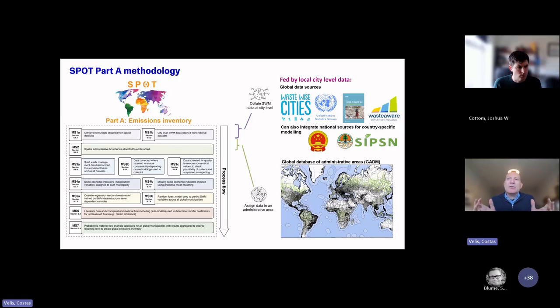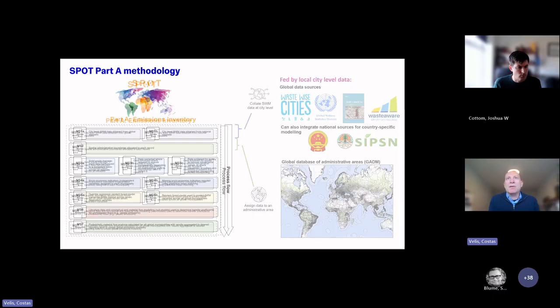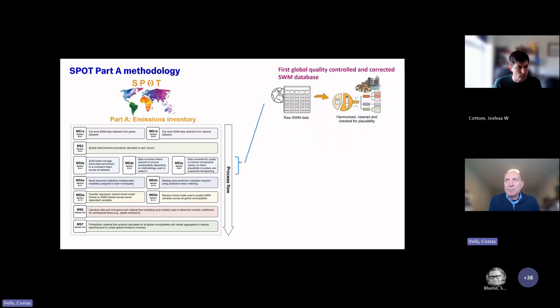And then we're looking at how many local authorities there are and which they are. These are diverse across the world, country by country, and we use that data to create a grid around the world and an input. And then we try to quality assure and harmonize this solid waste management data at municipal level.